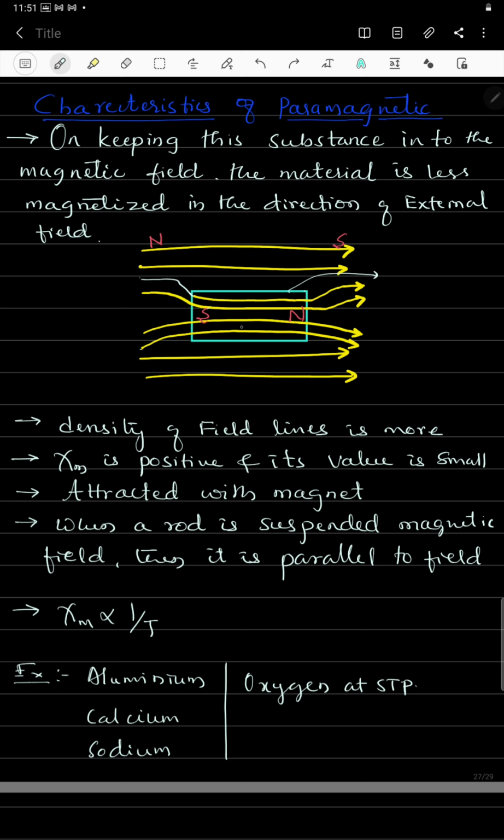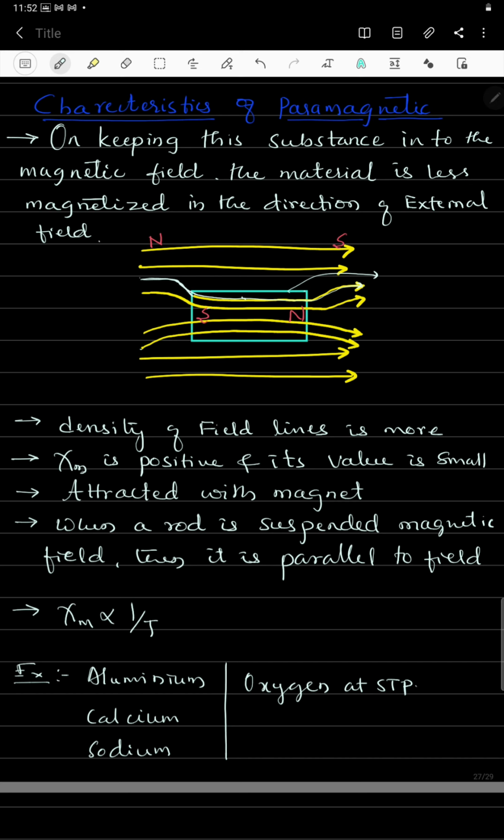This paramagnetic material absorbs or attracts the magnetic field lines inside the material, as shown here. Instead of moving in a straight line, the magnetic field lines move into the material, and these field lines are more, which means the density of the field lines is more in that material.